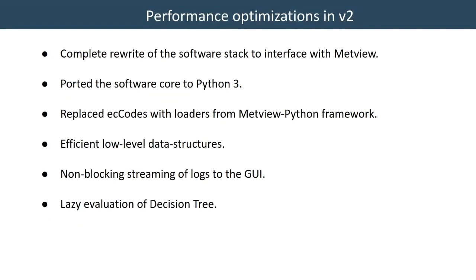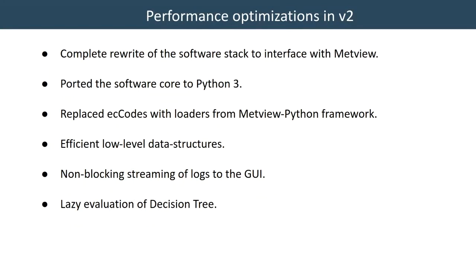And during computations, the streaming of logs to the GUI, we were able to make this non-blocking, so even if the GUI crashes or freezes for a while, the computation continues. Sometimes that's useful when you're computing for 1 year of data or 2 years of data.